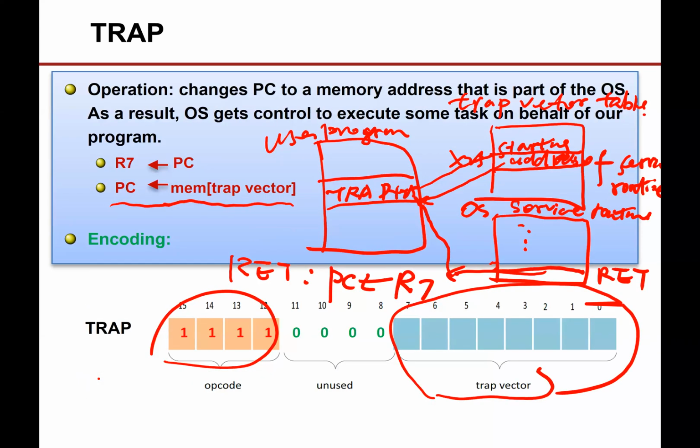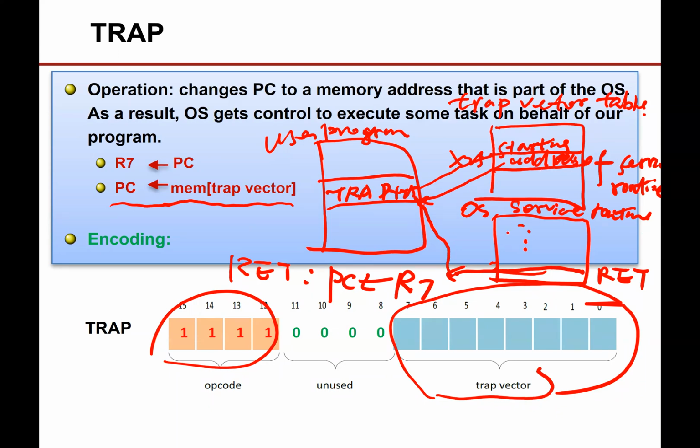So this is the process. When the user executes this trap instruction, it will first go to the trap vector table to look up the starting address of the service routine specified by the trap vector.